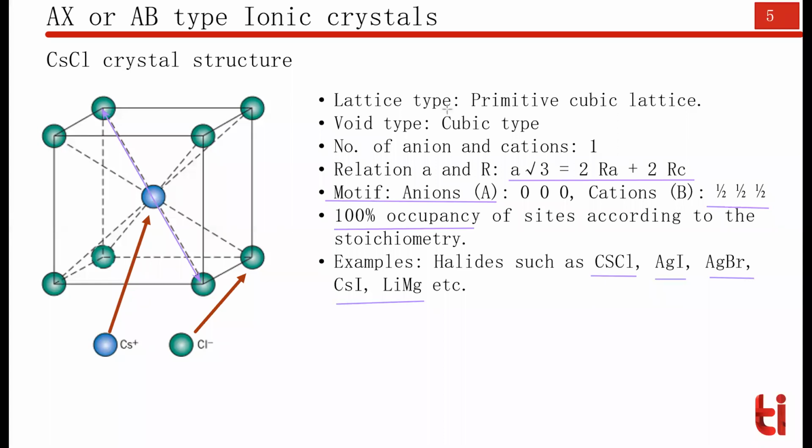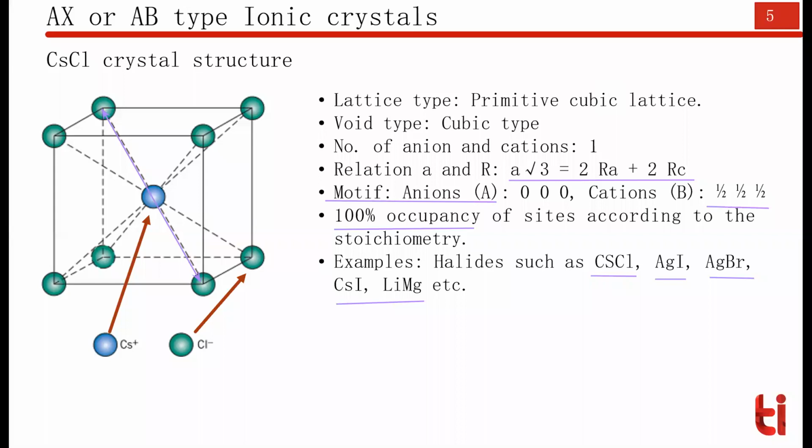Okay, good. So the first possible type of AX crystal structure is the one where your unit cell is primitive cubic and your void type is the cubic type void, which has an 8-fold coordination, or you can say whose ligancy is 8.